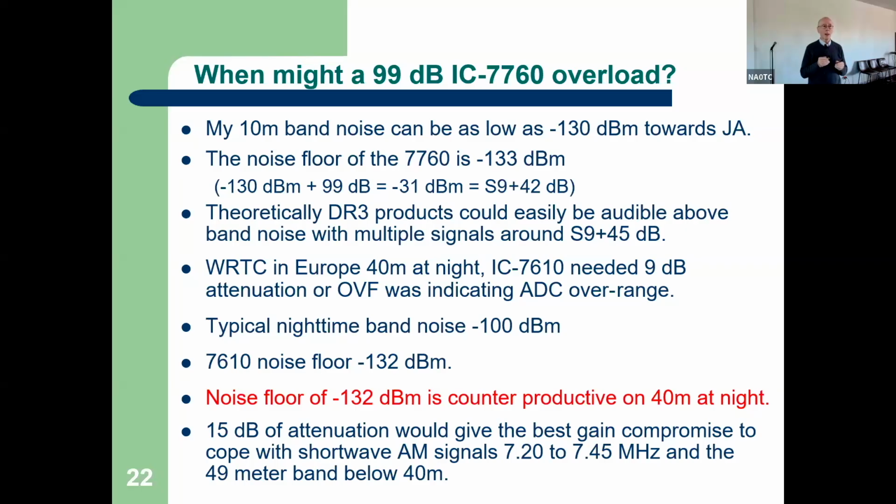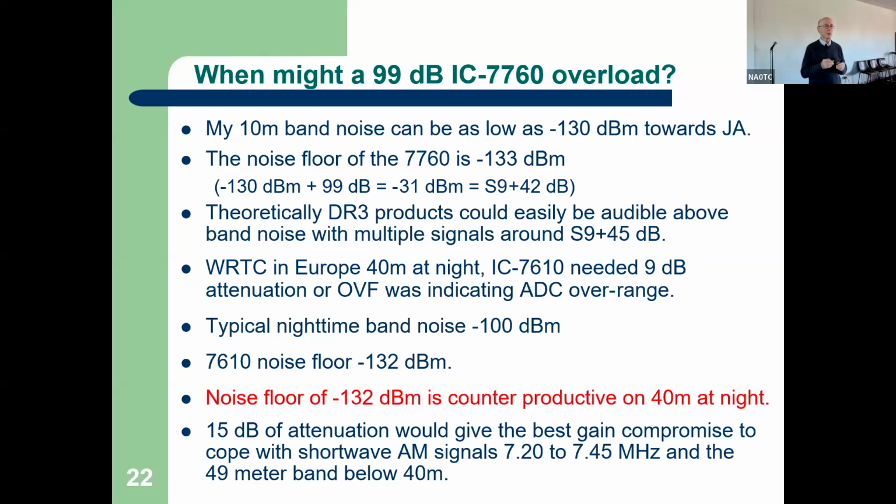So how strong will the two signals, on the right frequencies, have to be to cause third order intermodulation equal to the noise floor or band noise? About S9 plus 45 dB. Probably not going to happen. Now, I was on the air for 18 hours for CQ Worldwide sideband, and I never saw a station 45 over 9.